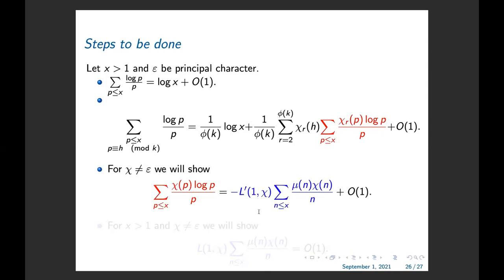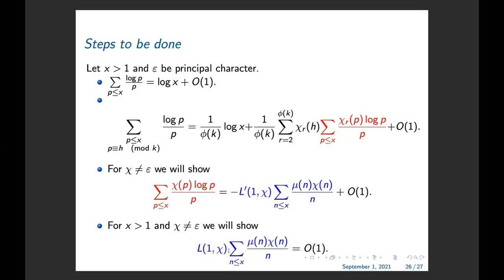And here we are done if we can show that this thing is big O of 1, right? And this is exactly what we are doing next. So next we'll show that this sum, which will appear like this, when multiplied by L of 1 chi, would be big O of 1.